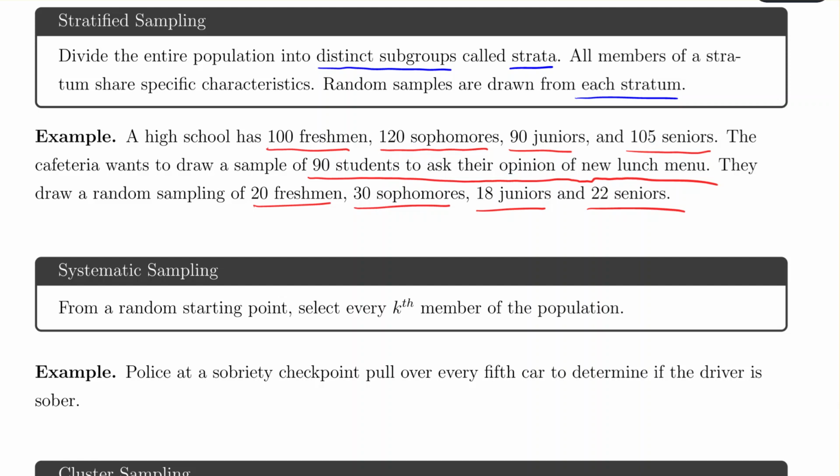So in stratified sampling, each subgroup gets representation in the sample. Because if we did not use stratified sampling, it is possible that the 90 students they select might all come from just sophomores, or maybe sophomores and freshmen only. In that case, juniors and seniors do not get to voice their opinions. So stratified sampling ensures that each subgroup gets representation in the sample.